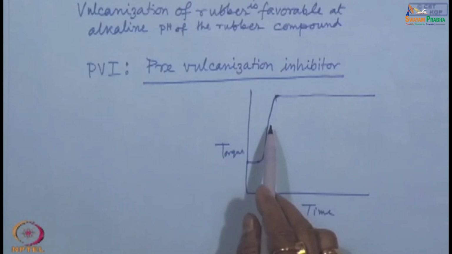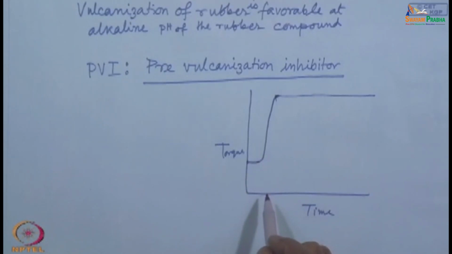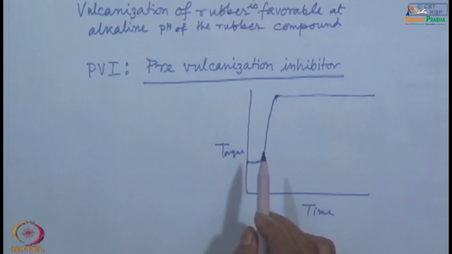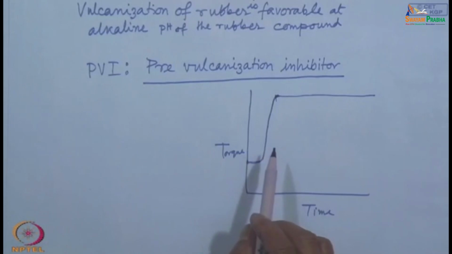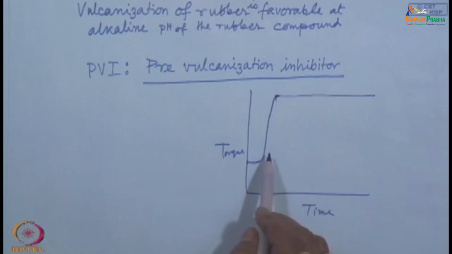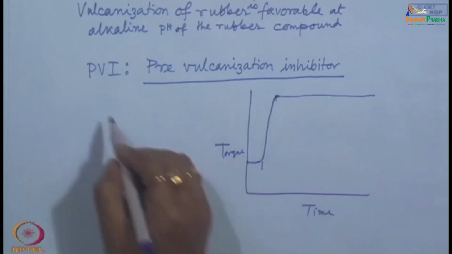Now, if a fast accelerator is used, it should be compounded with proper care, otherwise it will scorch the rubber compound during compound formation or during the processing, shaping or fabrication operation. But this is a little difficult. So use of fast accelerator is restricted, but one can use it provided this region can be kept safe, and that is done by the use of a retarder.